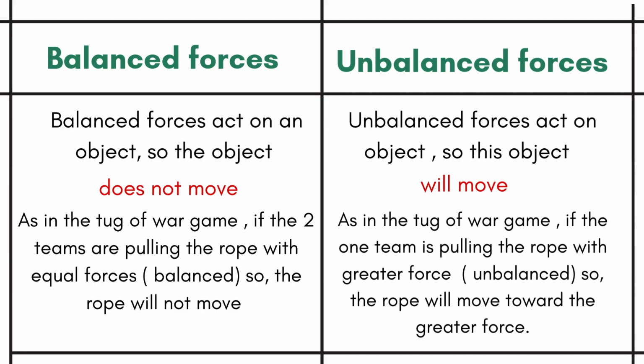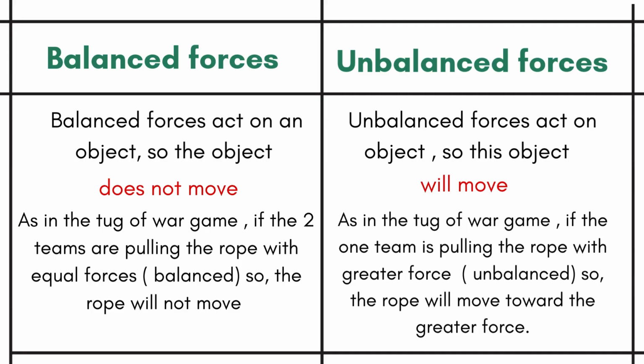If the two teams are pulling the rope with equal forces, this is called balanced, so the rope will not move. But unbalanced forces act on the object, so the object will move. And here, if one team is pulling the rope with greater force, so the rope will move toward the greater force.